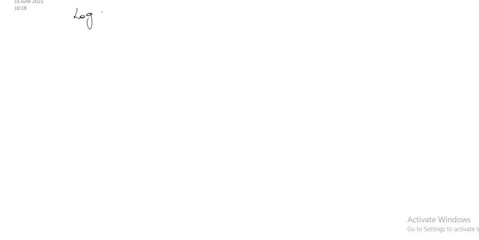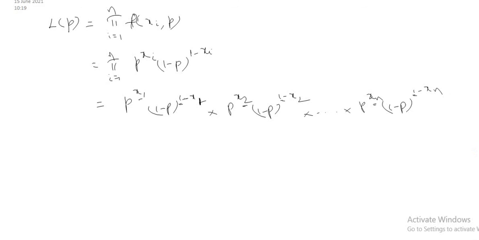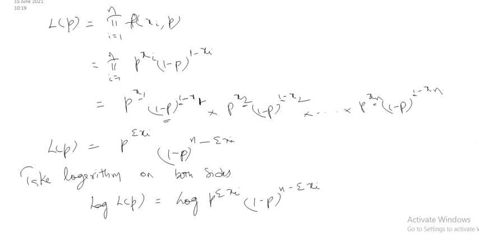Now I am going to write log of L of p equals, log of p power summation xi. Using log of x power a equals a log x, we can expand it in this manner.